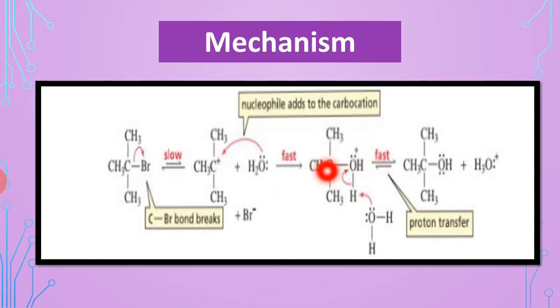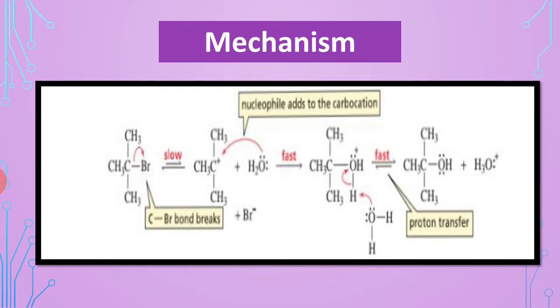The protonated alcohol is in an acidic form. It may then be converted into the alcohol, the basic form, but this depends upon the pH of the solvent, that is H2O.